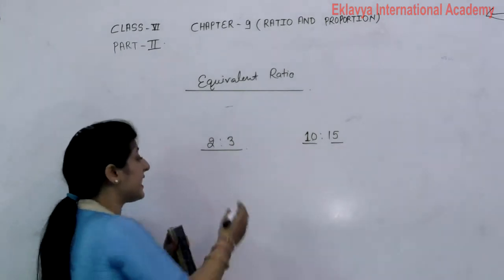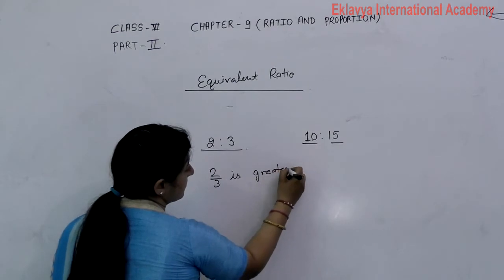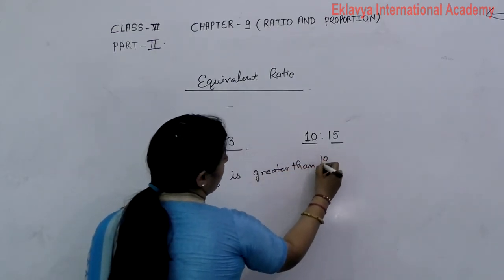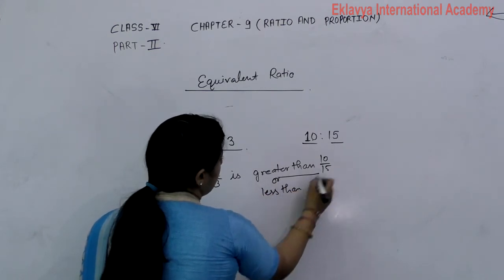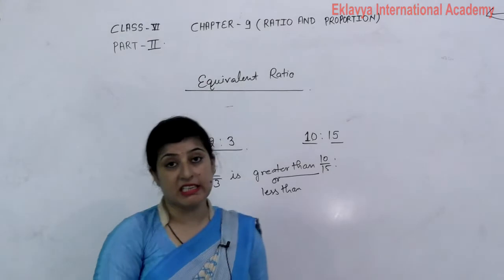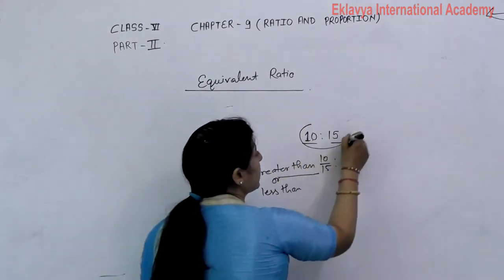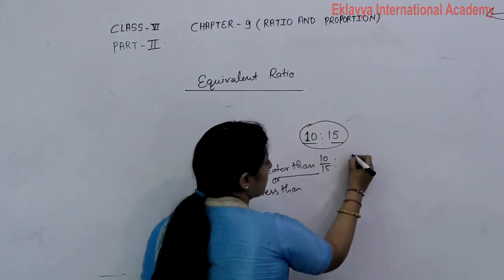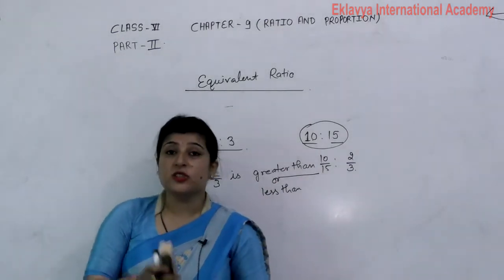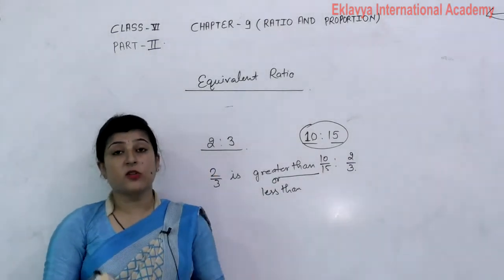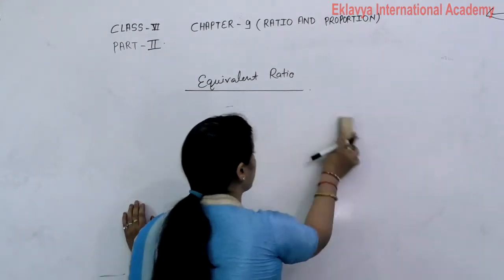Can I say that 2/3 is greater than or less than 10/15? When you convert it into simplest form, it also becomes 2/3. So when two ratios are equal, these are called equivalent ratios. It means two ratios are equal.